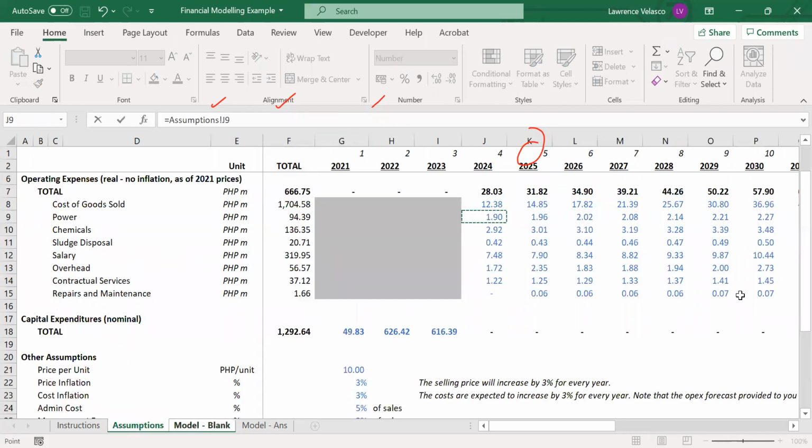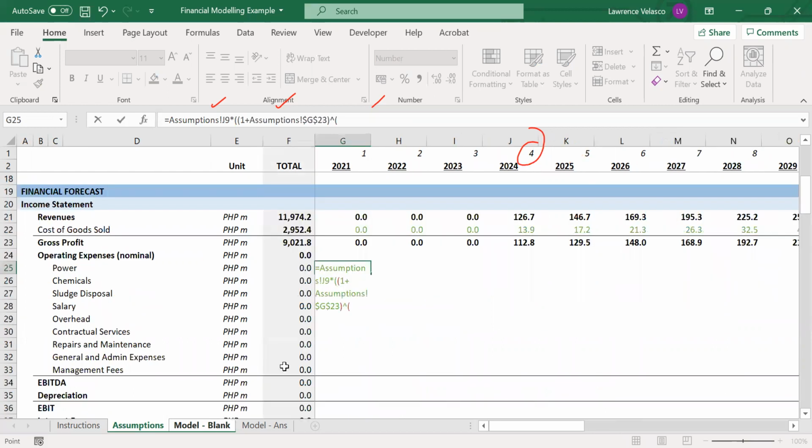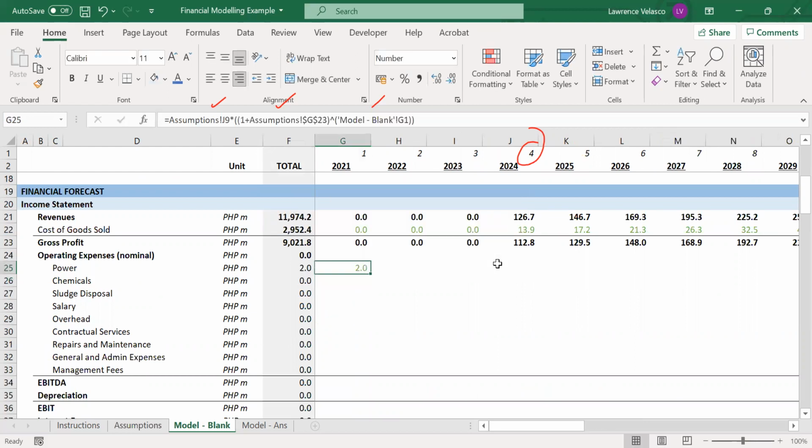Times 1 plus inflation. Here's our inflation, 3%. I-fix uli natin. Okay. Raised to the first power. Okay. So there.